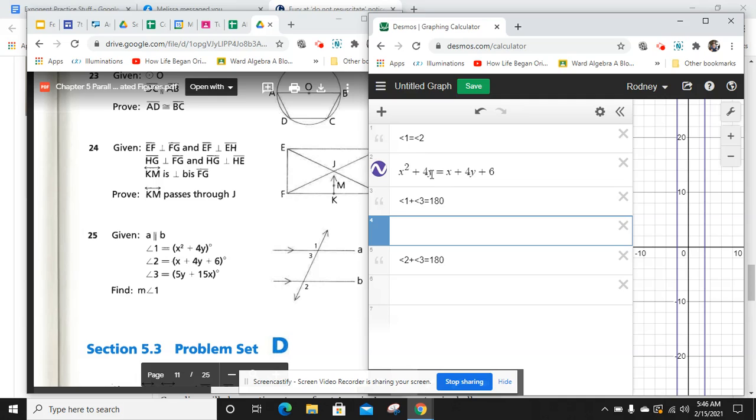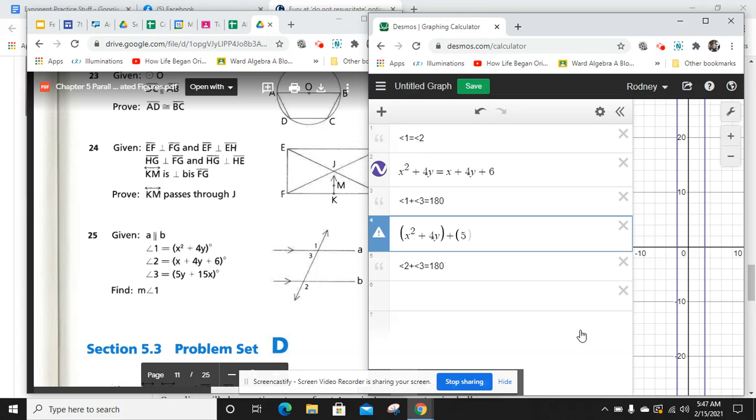So here's angle 1, x squared plus 4y. I'm going to put that in parentheses just to group it, because I think it illustrates something a little better. And I'm going to add angle 3 to that, which is 5y plus 15x.